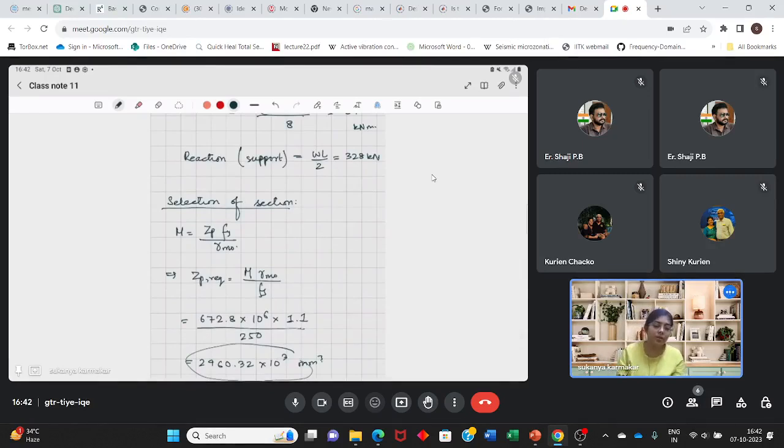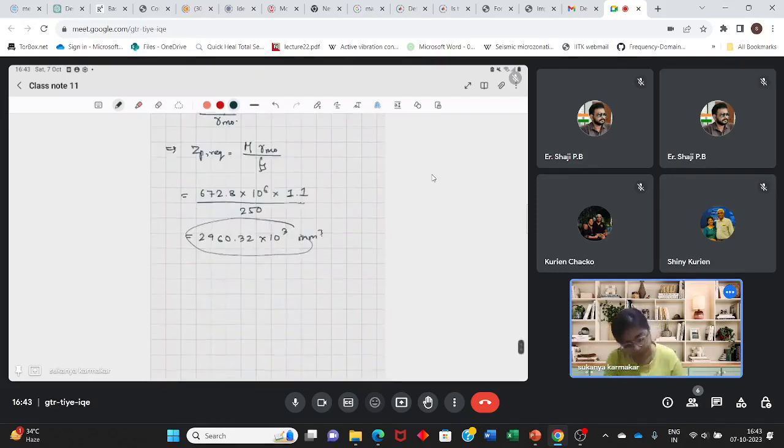How will you increase the section modulus? What is basically plastic section modulus? Basically, you have to put areas away from the centroidal axis. Why do you need to put areas away from the centroidal axis? Because it is basically the area multiplied by its centroidal distance from the equal area axis. Here it's an I section, and bending is taking place about the major axis.